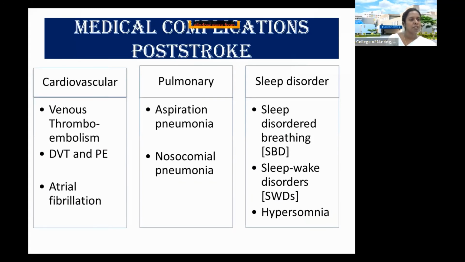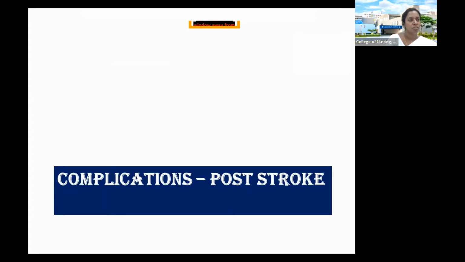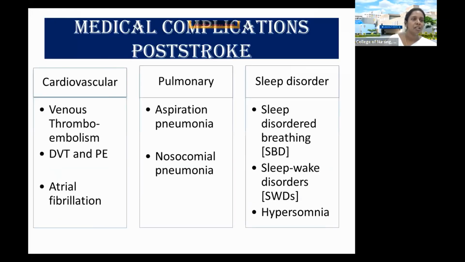Coming to the complications post-stroke, we already saw two complications as part of thrombolysis, where they can have angioedema and intracerebral hemorrhage. But these are general complications after a stroke. The medical complications that patients can have under cardiovascular, it is mainly DVT and pulmonary embolism, which together can cause venous thromboembolism, VTE, and atrial fibrillation.